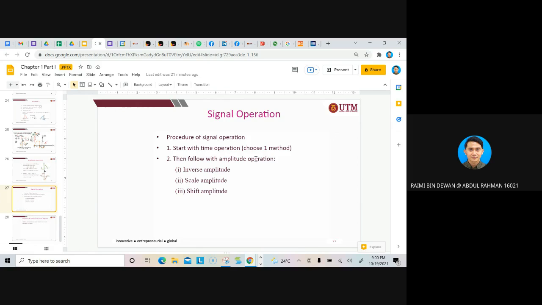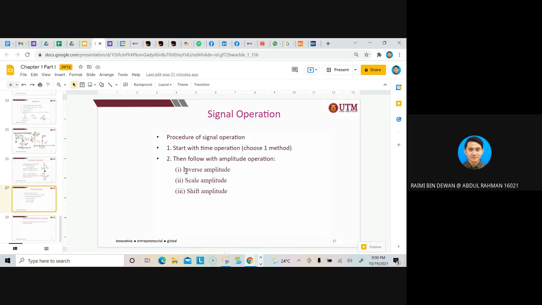Because the example just now involves only amplitude operation, I skip number 1 since it is not involved, and proceed with 2, amplitude operation.